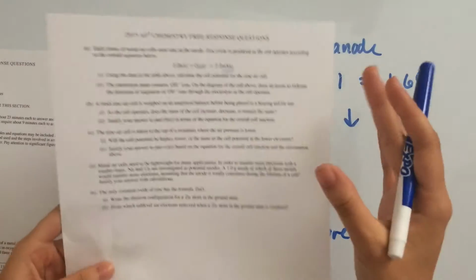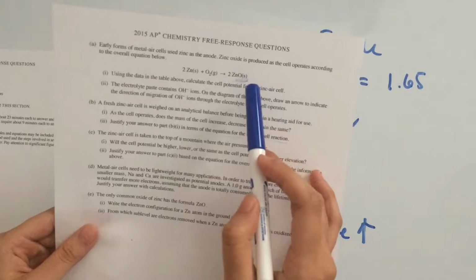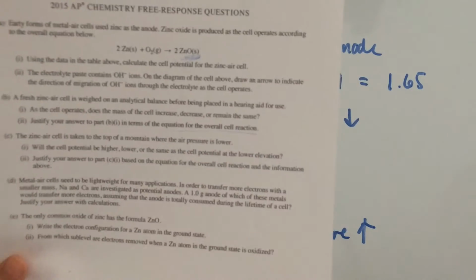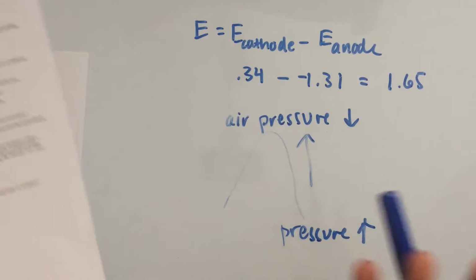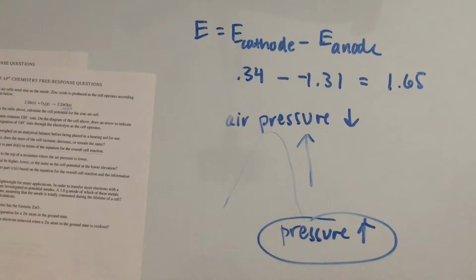So if there's less oxygen, then that means the cell potential will be lower than at a lower elevation, because at a lower elevation you have more oxygen to work with. Therefore, the cell potential is higher here compared to here.